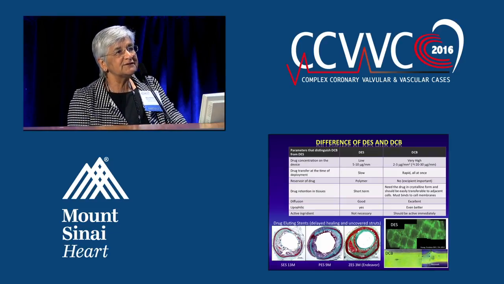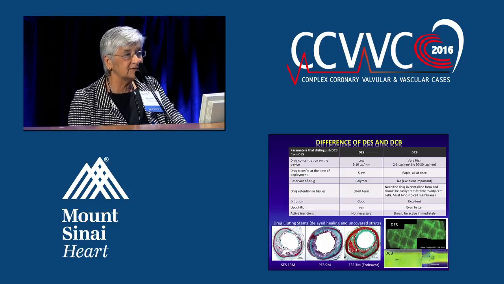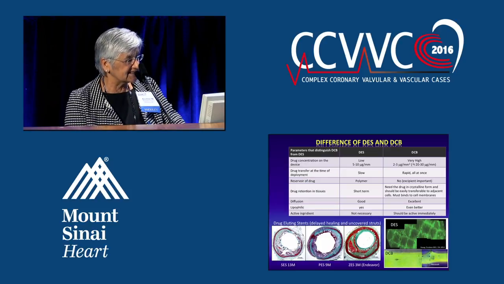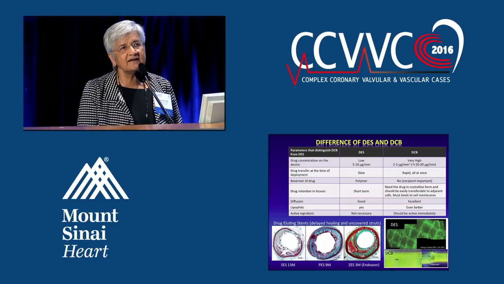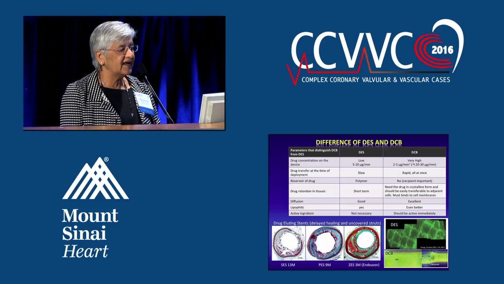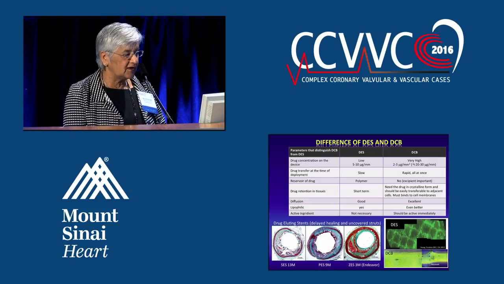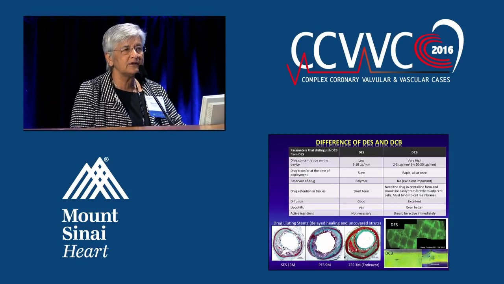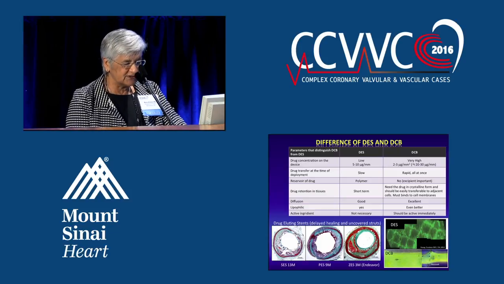The diffusion should be good, but in the case of drug-coated balloons, it should be excellent. You need it highly lipophilic, even better than in drug-eluting stents. The active ingredient: it can be a prodrug converted to the active ingredient, but for drug-coated balloons it should be active because we need an action almost immediately.